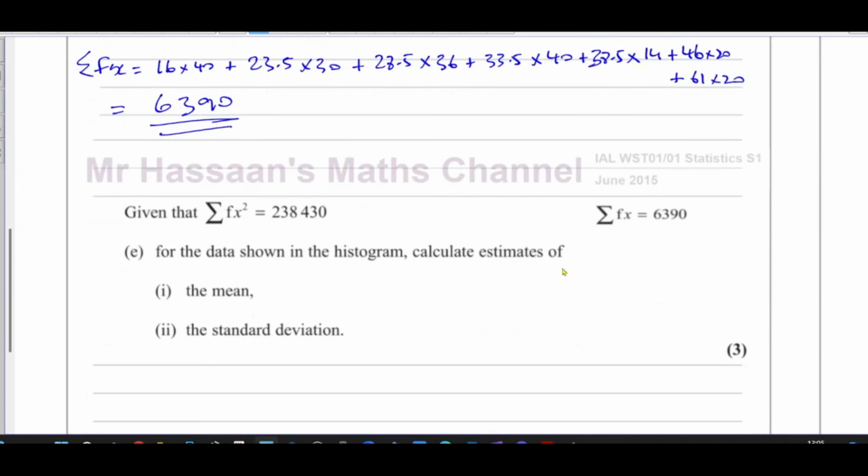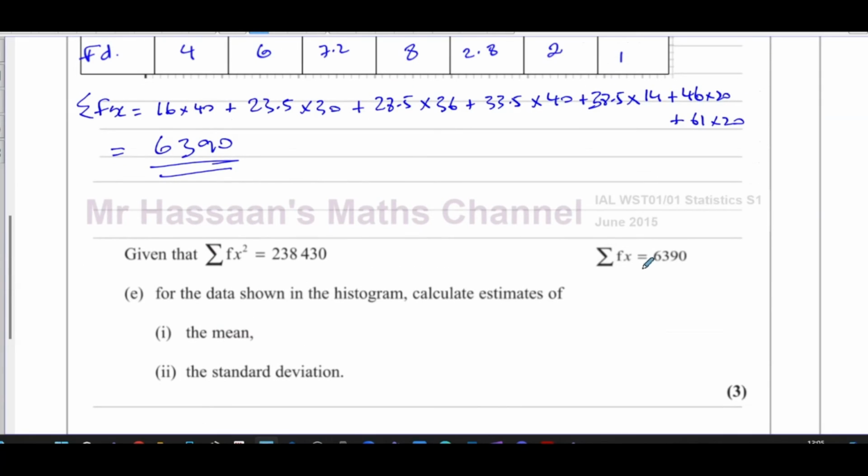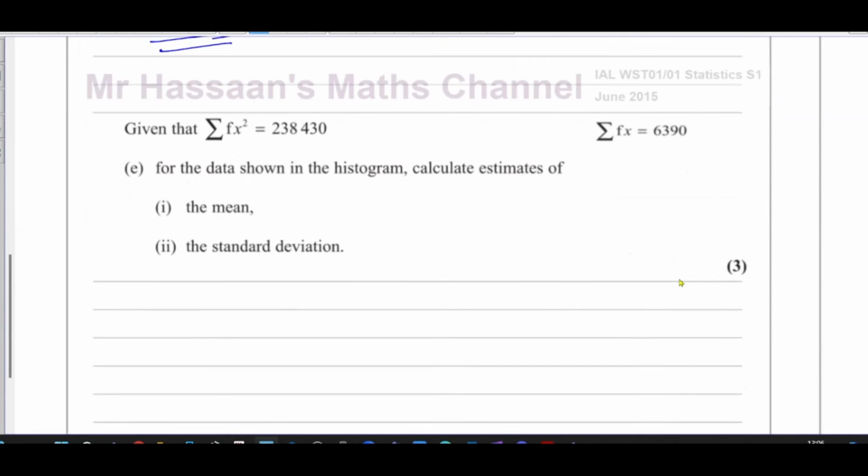Now for part E, it says, given that the sum of fx squared equals 238,430 for the data shown in the histogram, calculate estimates of the mean and the standard deviation. So the mean, which is x bar, or we can call it mu if you want, is equal to the sum of all of the entries divided by the number of entries.